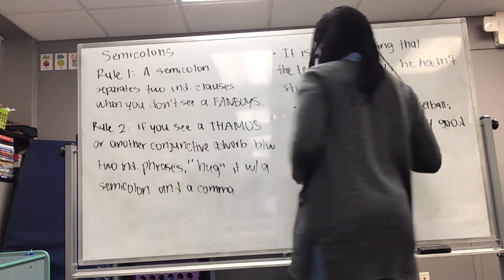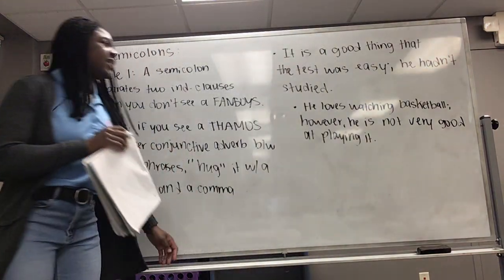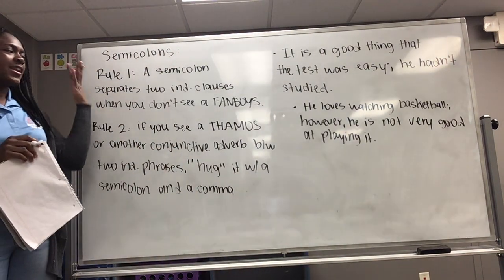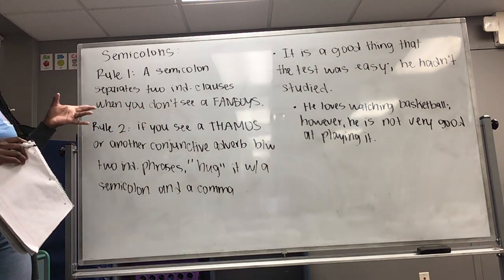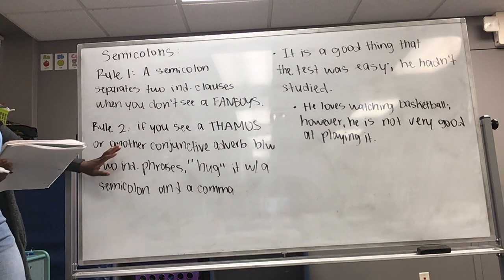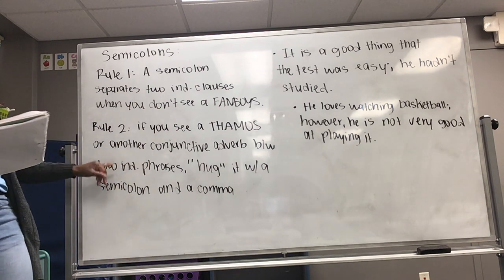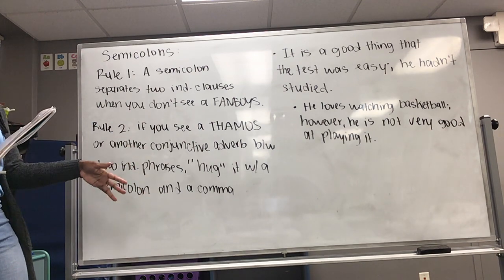So here my sentence says, He loves watching basketball; however, and then there's my comma, so that was that kind of hug, he is not very good at playing it. So that's one example where I'd use that semicolon hug with a comma.